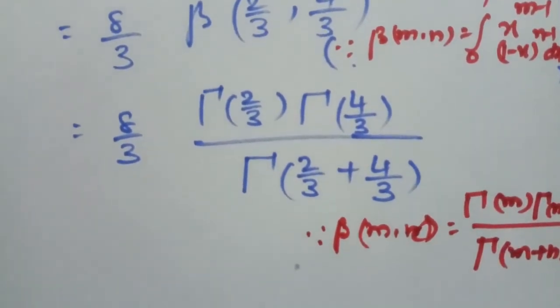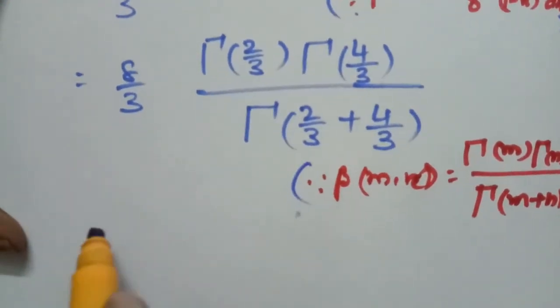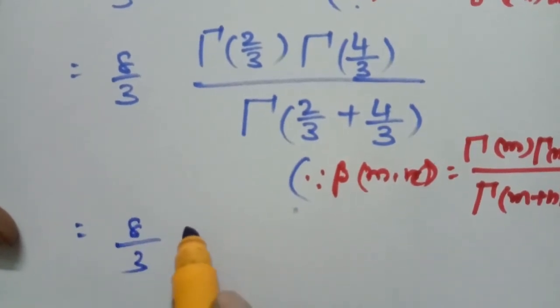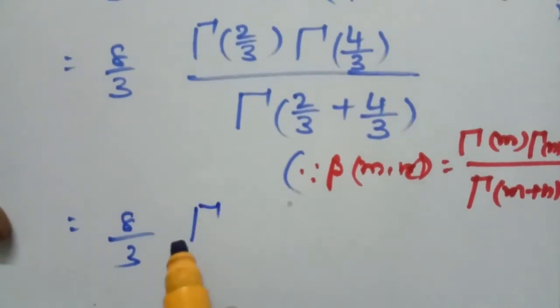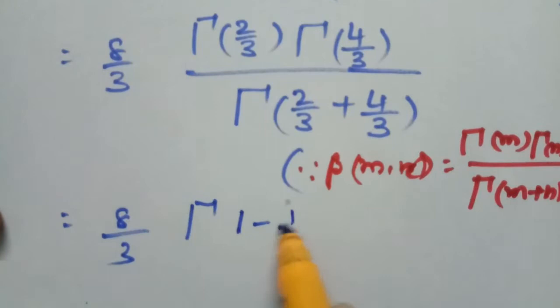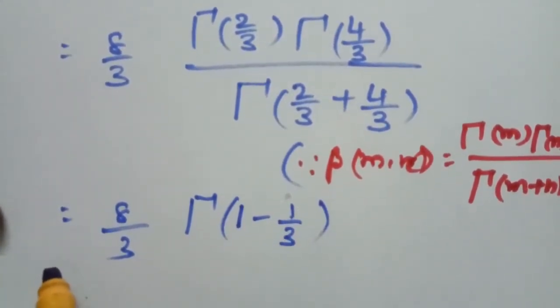This is the formula. Therefore, this can be written as 8 by 3 into gamma 2 by 3. This can be written as 1 minus 1 by 3, so 3 minus 1, 2 by 3.